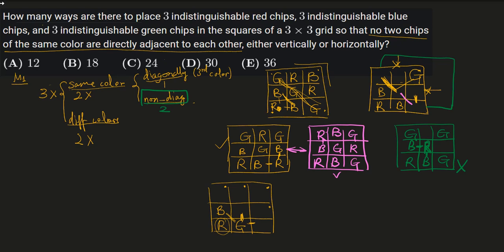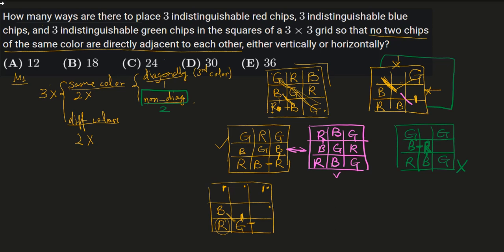And let's consider all the possibilities. So the first possible case is the two greens in here. Let's label the squares with a number. So the two green chips can be in the two squares with a label 1. That's one possible case.